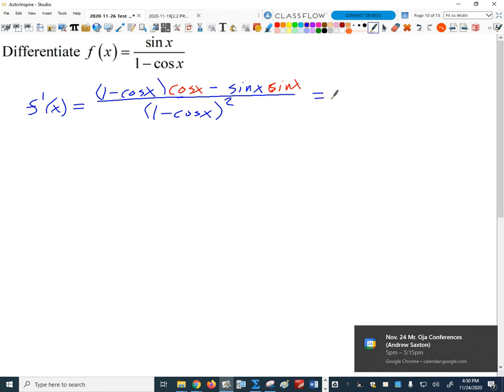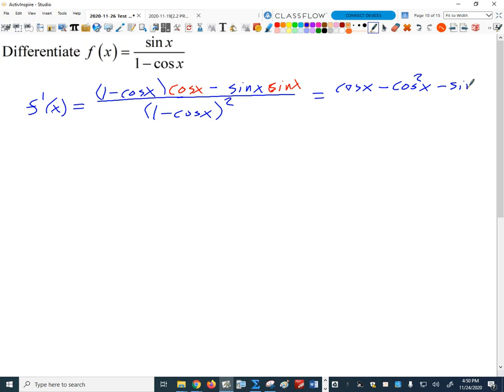And when we distribute up here, we distribute the cosine, we're going to end up with cosine minus cosine squared minus sine squared. And you guys just have to get used to looking for your trig identities.